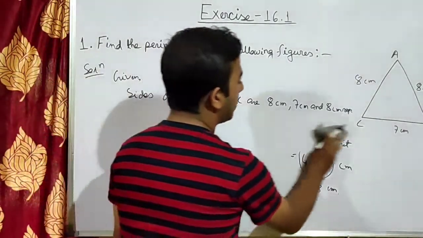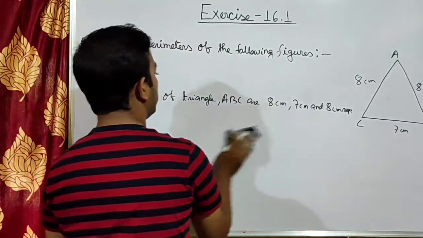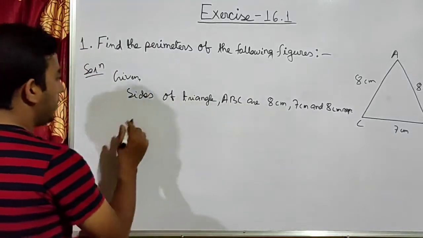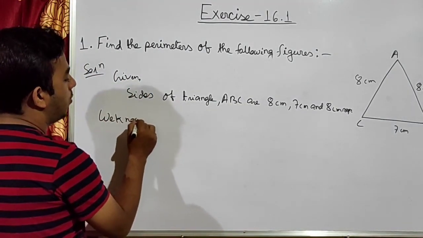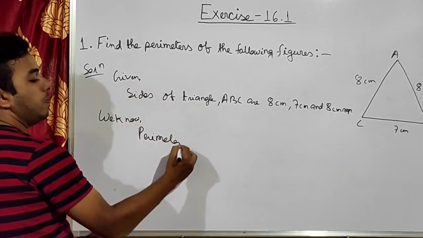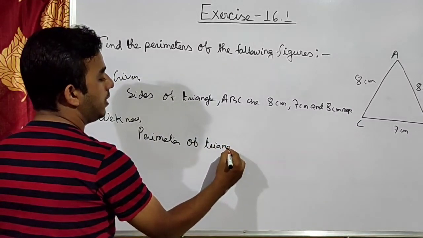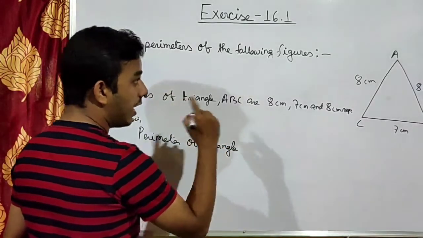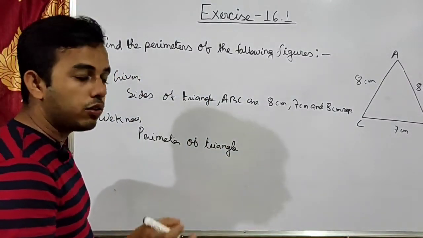Now we have to find the perimeter of this figure. So we'll write, we know perimeter of triangle. Perimeter means what? It is the sum of the sides, that is, the total length of the boundary.